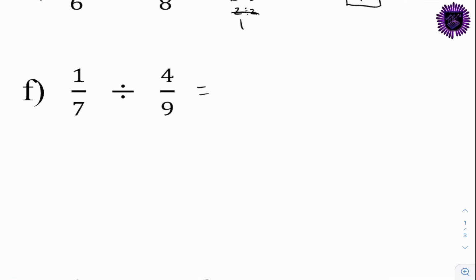Let's rewrite it. 1 over 7 multiplied by 9 over 4, and we're going to get 9 over 28, and that can't be simplified. That is the answer.